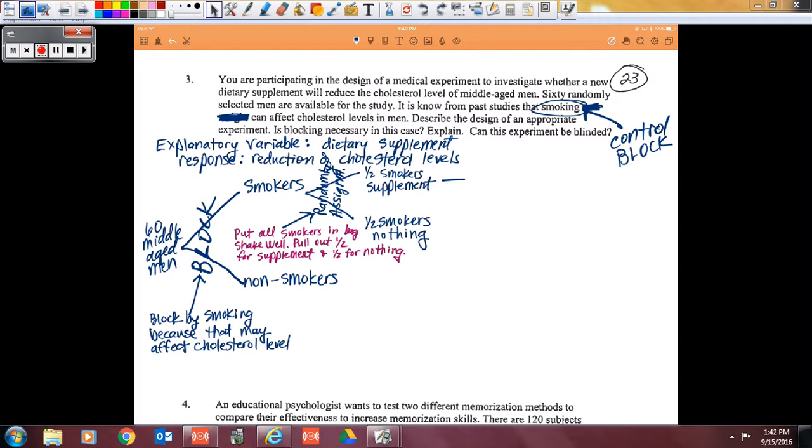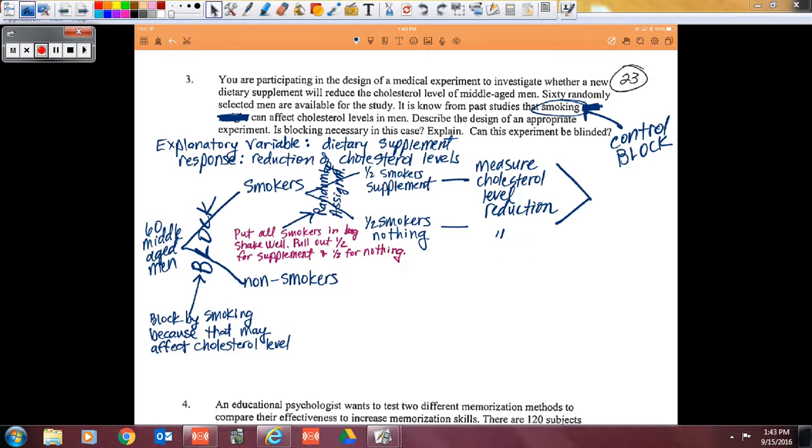Okay, after we give them their supplement or their nothing, then what do we do? What am I going to measure? Aha! Measure cholesterol level reduction. Okay, ditto.